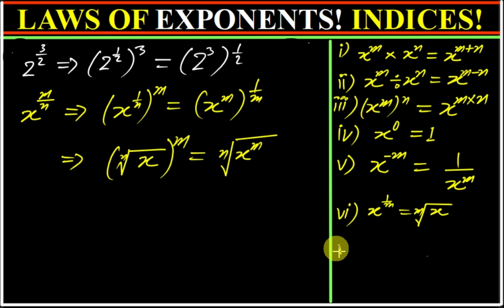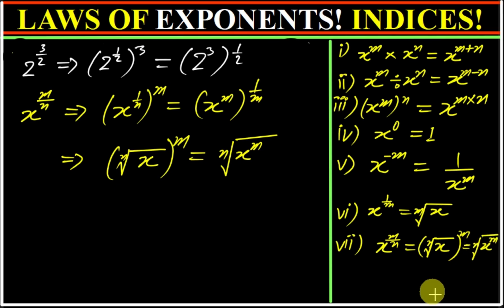So that we can say here the sixth law of exponents, that is, if something is x raised to the power m upon n, it can be written either as the nth root of x and its power is m, or we can write like this, x raised to the power m and its nth root, like this.